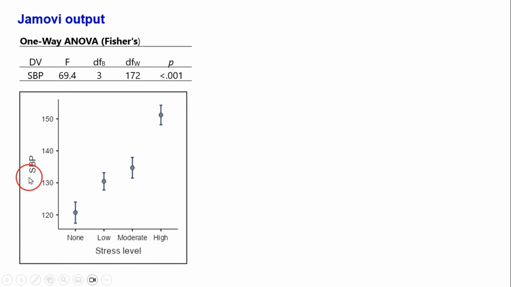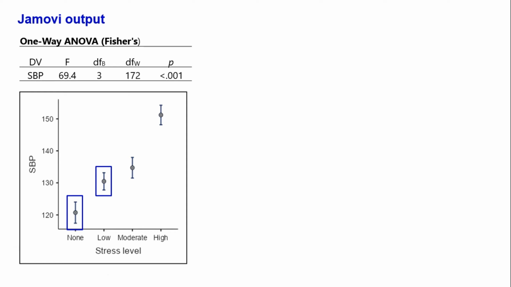So we don't have the units up there, but that's what that is. And you can see that we have the means of each group with their corresponding 95% confidence interval. You can clearly see there that as the stress is going up, the measured systolic blood pressure on average is going up.